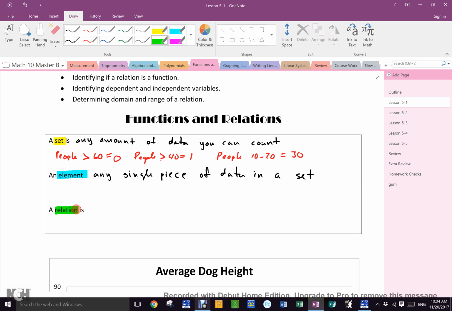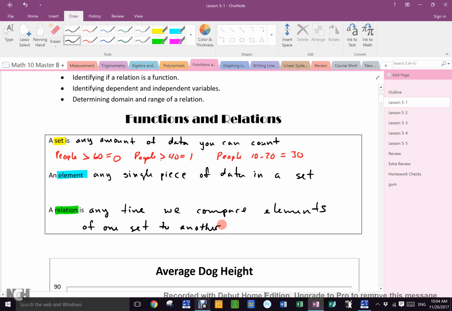Who would these elements relate to? All the kids in the desks. Everybody good? Yeah? Okay. So relation is any time we compare elements of one set to another.